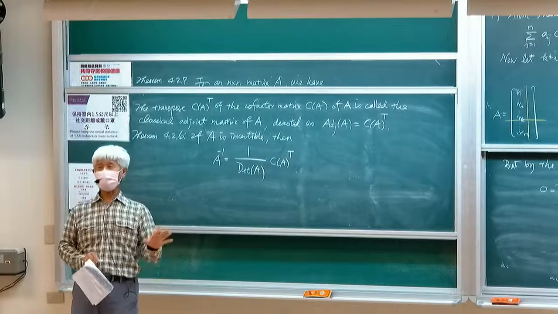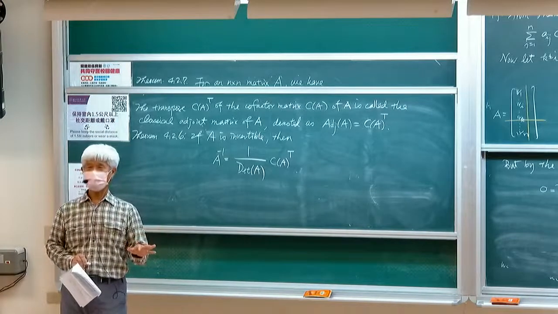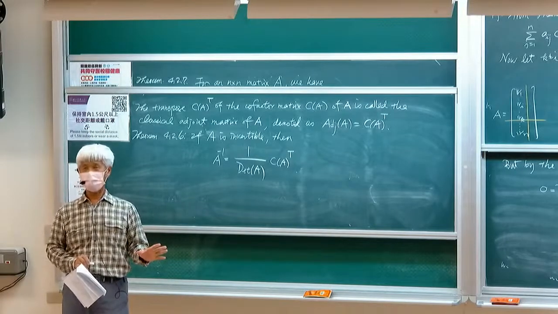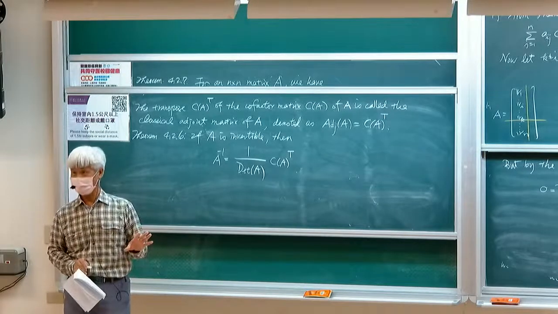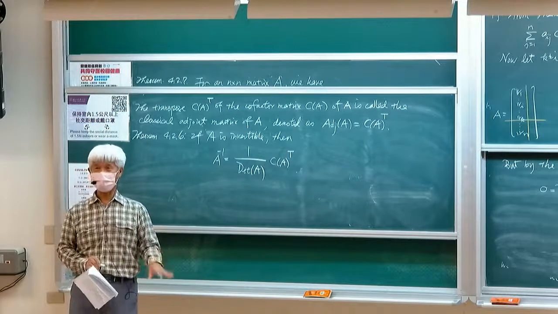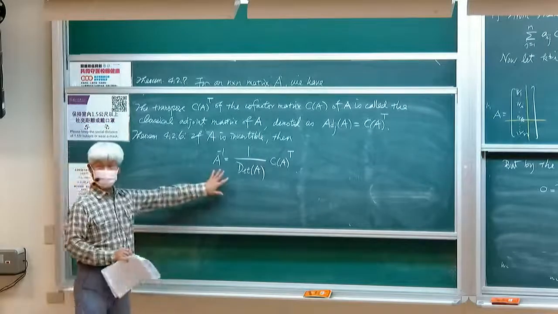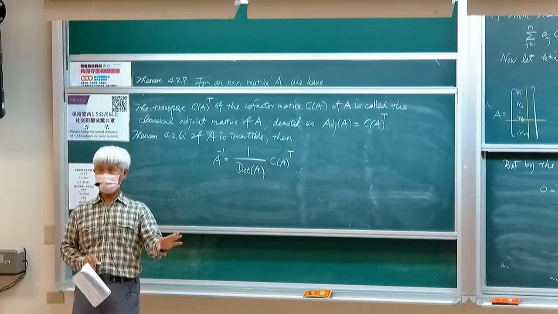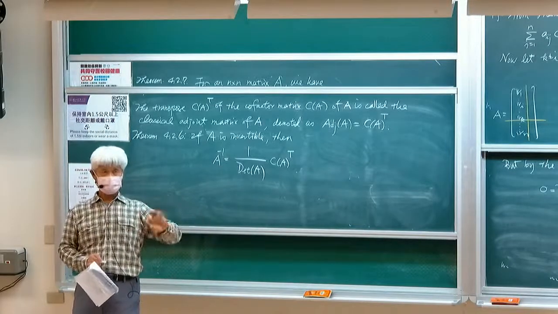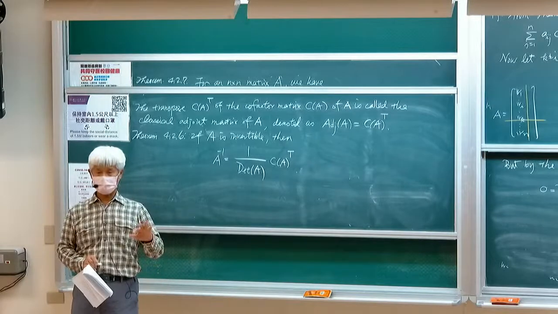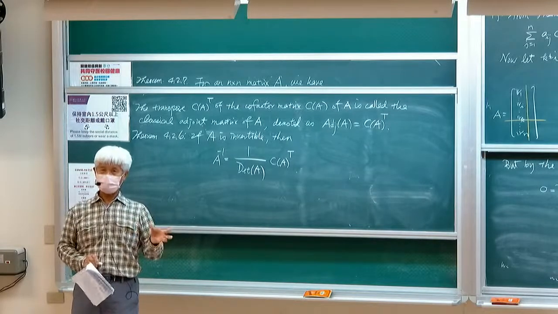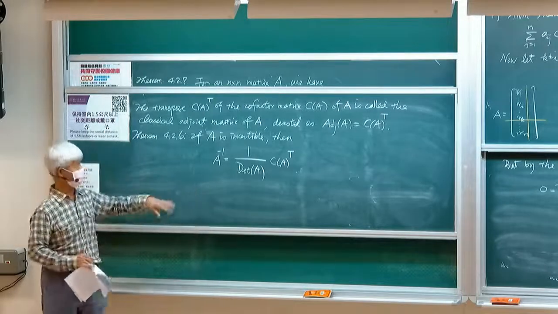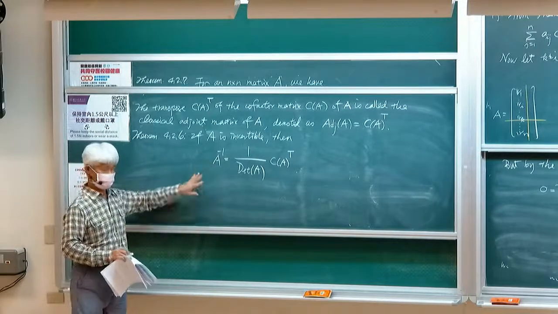The best way is to use the Gauss-Jordan elimination procedure we learned in chapter 1. That is the most efficient one. But it still has value in theory. In some cases, when we study nice properties of matrices, sometimes you will use this one.